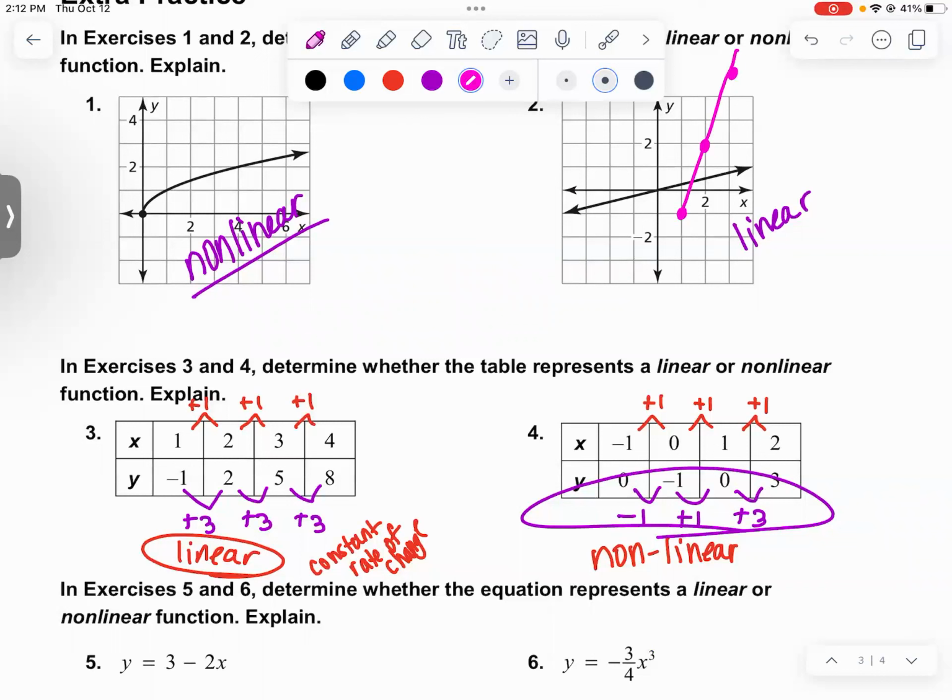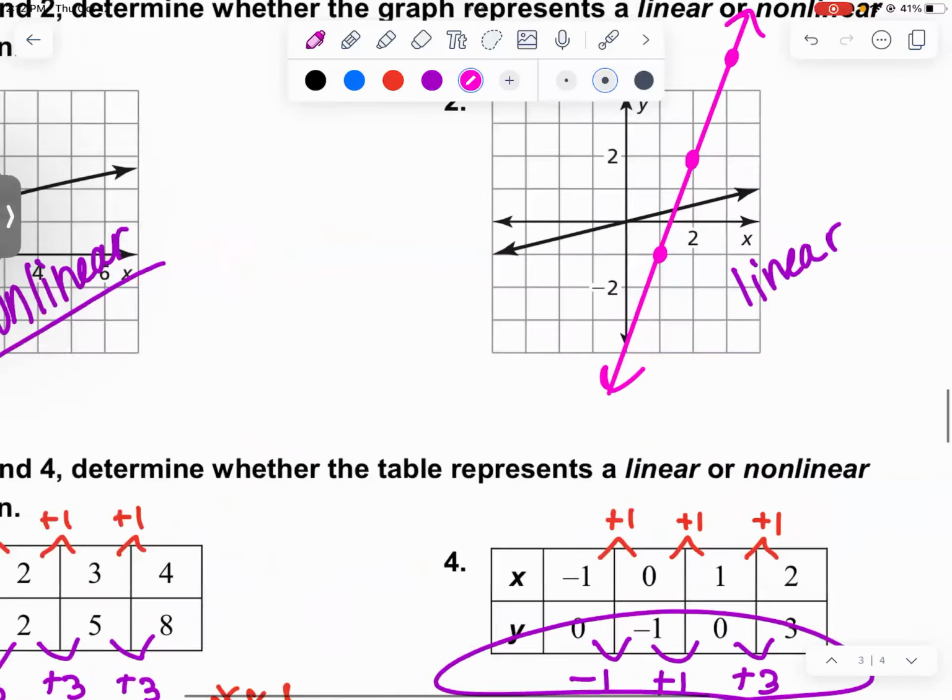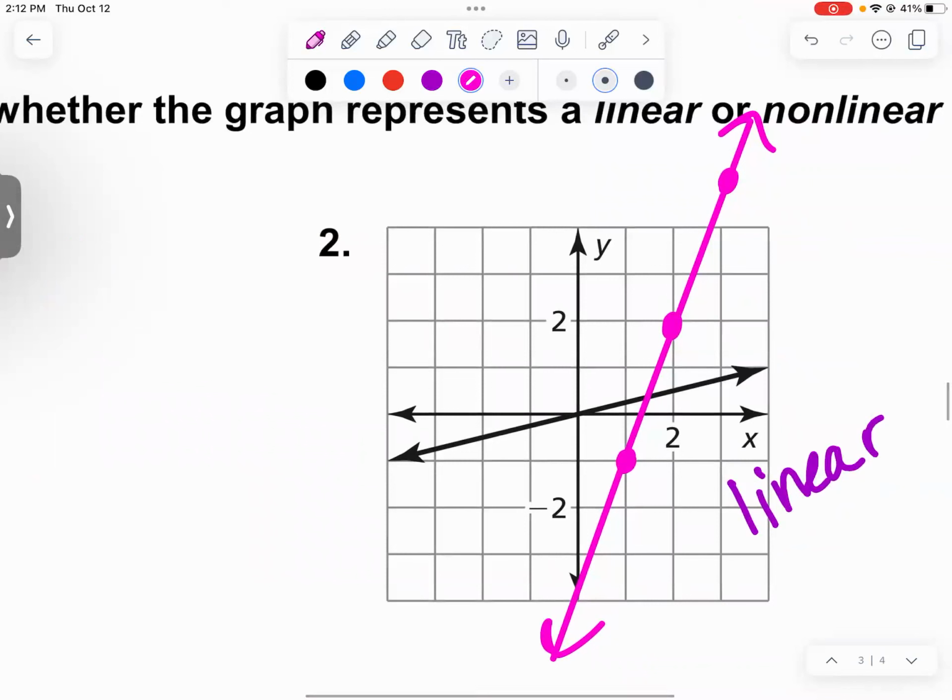That's about all I have room for. Okay, so what do you notice? Do you notice how we have up 1, up 1, up 1, up 3, up 3, up 3? Oh yeah, that makes more sense seeing it on the graph.